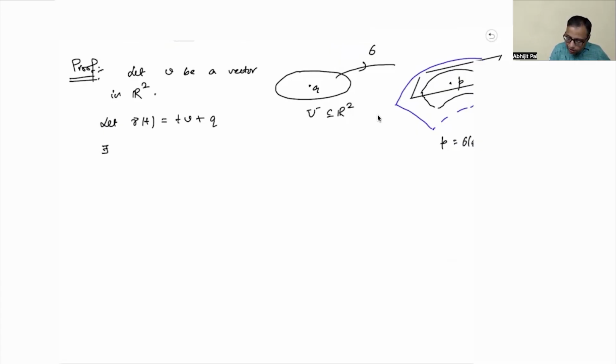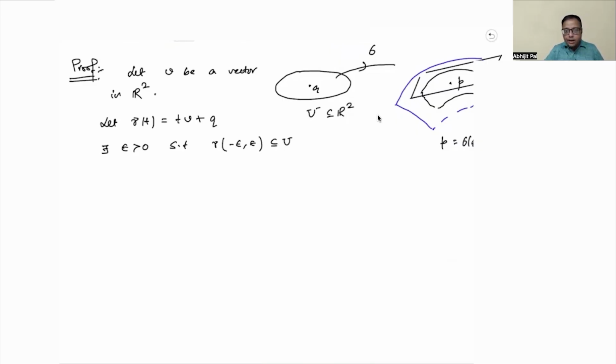So there exists an epsilon greater than 0 such that, because this U is an open set, gamma of minus epsilon to epsilon is contained in U. Okay, so what is this path gamma t?